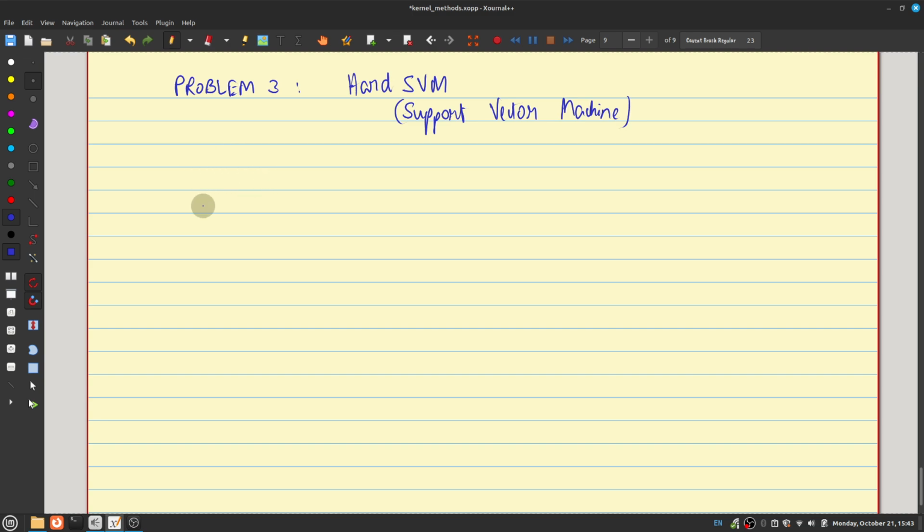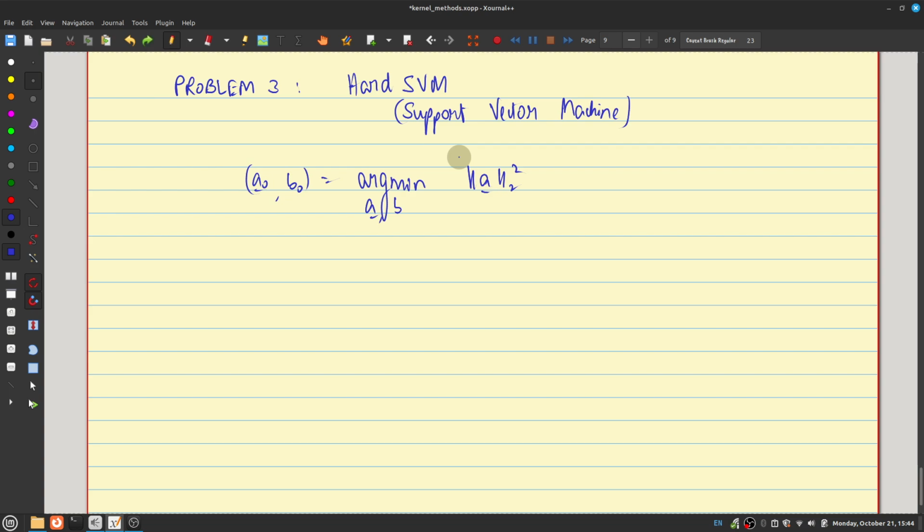The hard SVM problem is the following. You set (a0, b0) equal to the arg min over all (a, b) of the 2-norm of a, the whole squared.